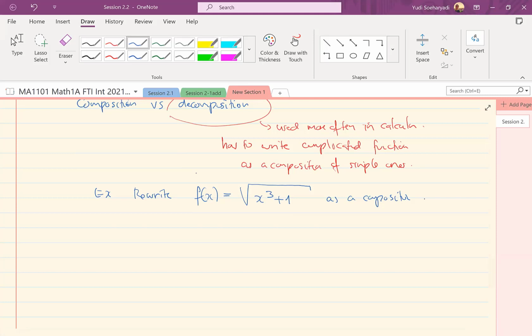What to do? If you need to compute this one in your calculator, what to do? Punch the function first. Which one? I never use the calculator.